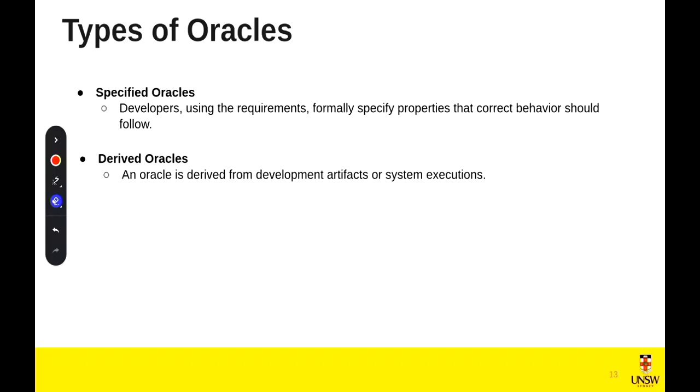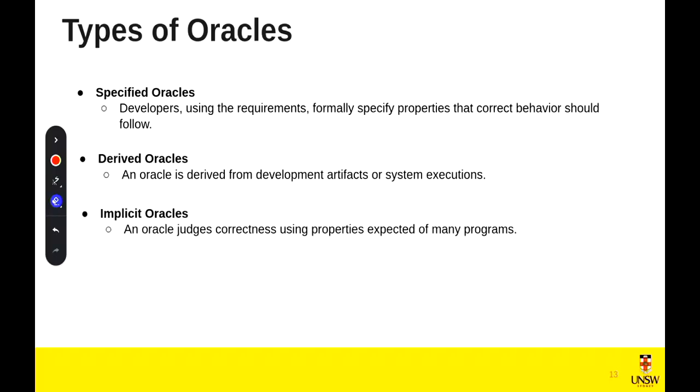And the second type of oracle is called a derived oracle. An oracle could be automatically derived from the development artifacts or some program executions. So this is more like automatically generated test oracles.